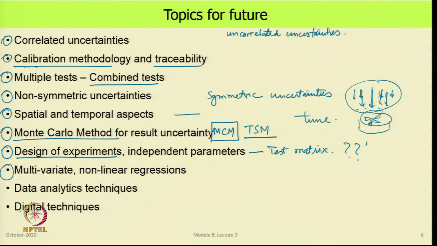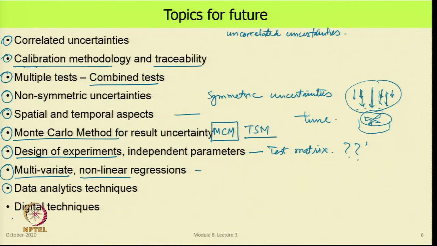Then we looked at regression, where we looked at just one independent variable in a linear regression. But in many applications we need more. There are multiple variables, 2, 3, 4, and some of the functions could be non-linear. This is something we have not looked at.